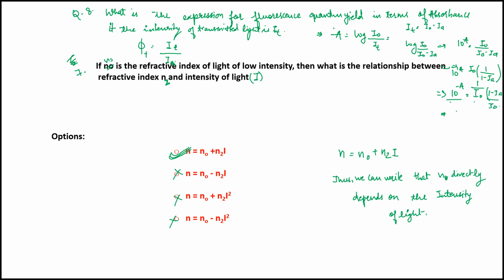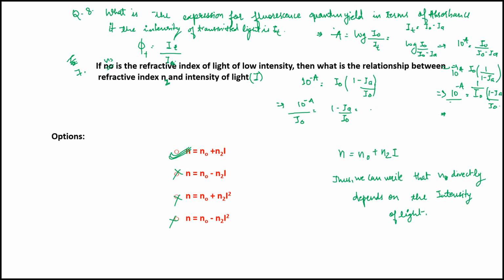So 10 to the power minus A is equal to 1 minus IA upon I naught.